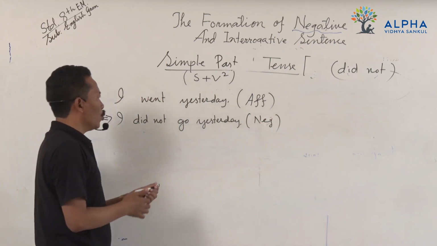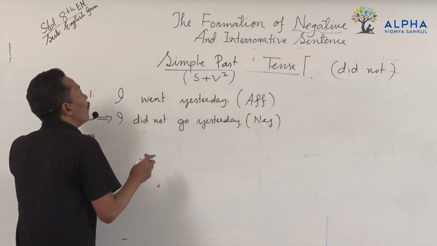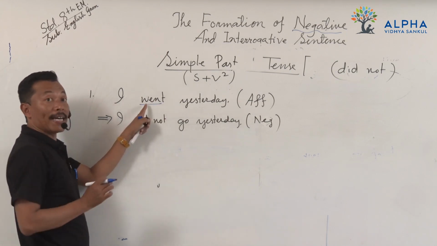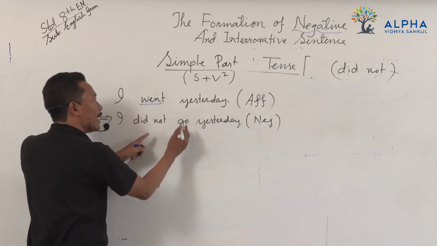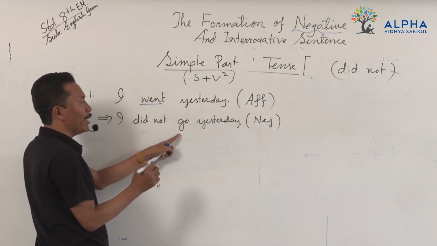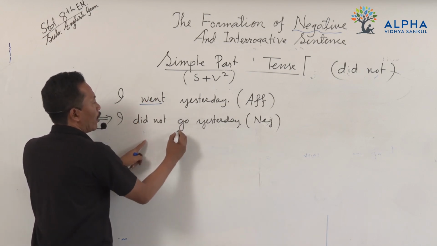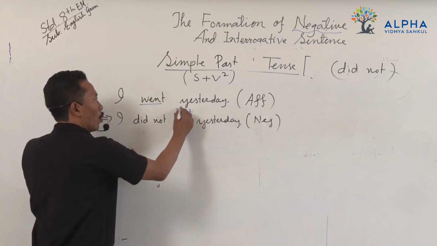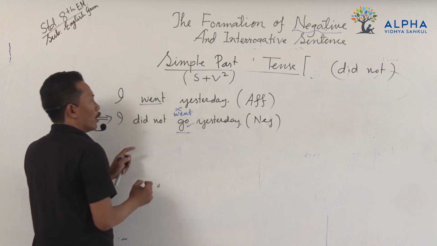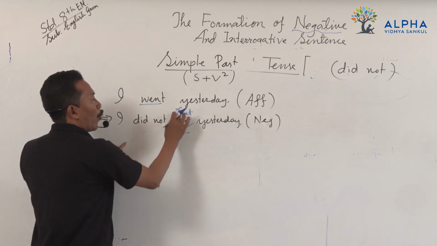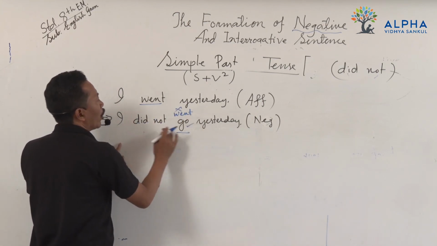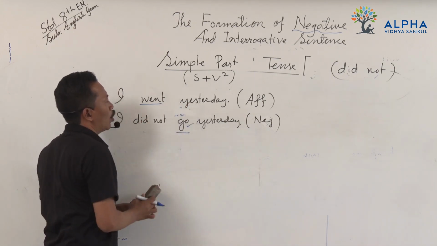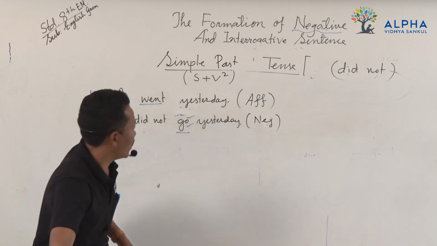And here I want to make a very clear-cut idea: the verb is in the past form, but we have to use the base form. Base form means V1. If you write went, that is wrong. I did not went, wrong. I did not go, and go is the right answer. I did not go yesterday.